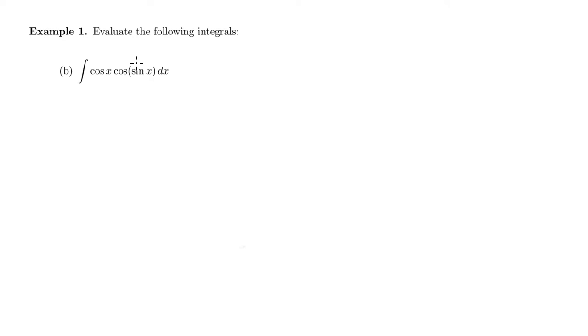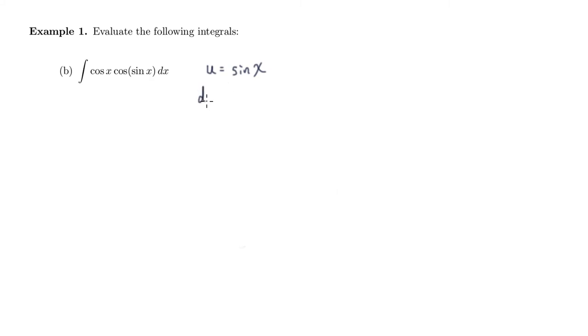And the goal is we want to choose an appropriate u that's going to allow us to simplify this integral by sort of reversing the chain rule. So here, notice that we're composing cosine with sine. And if I take the derivative of sine, I'm going to get cosine. So it seems like I should take u to be sine x.